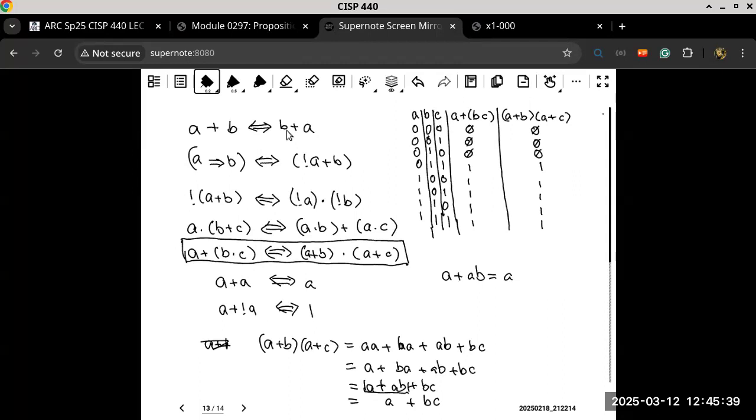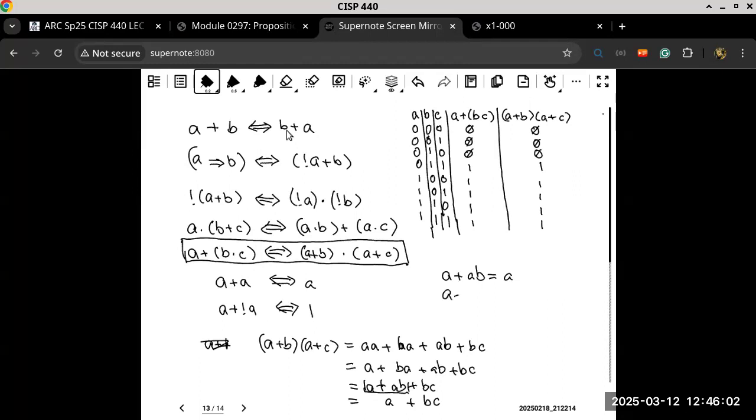The AB plus BC part. BA and AB are the same, so I only need to keep one of them. So I keep AB because of commutativity. There are a few rules that I did not specify.